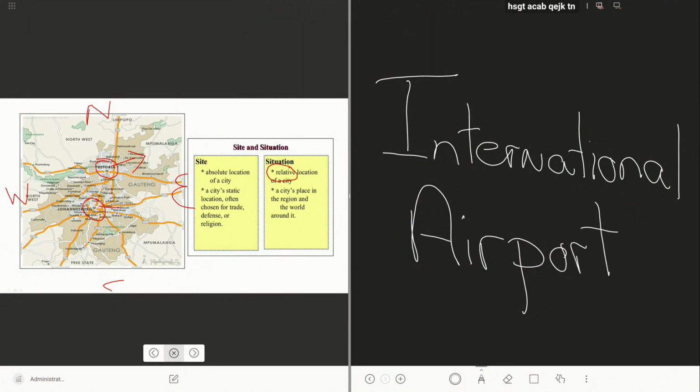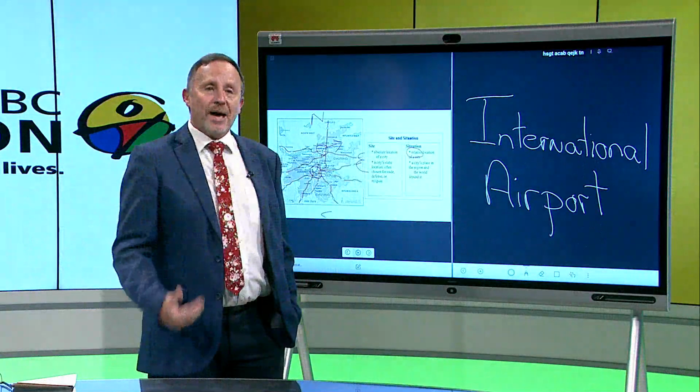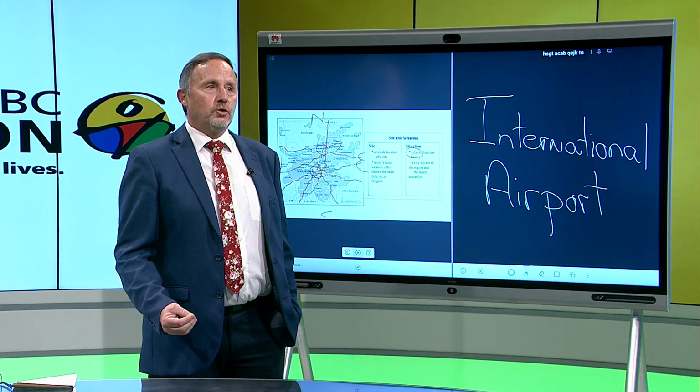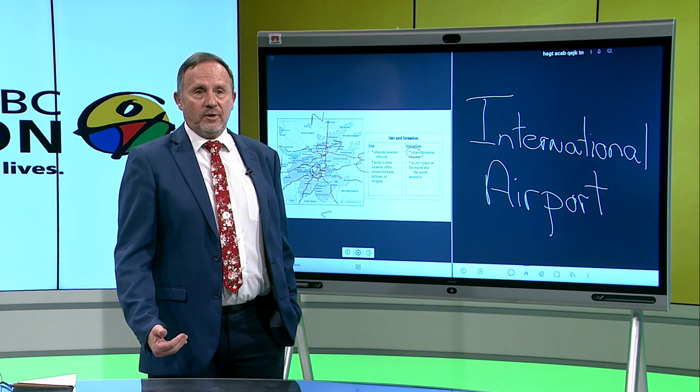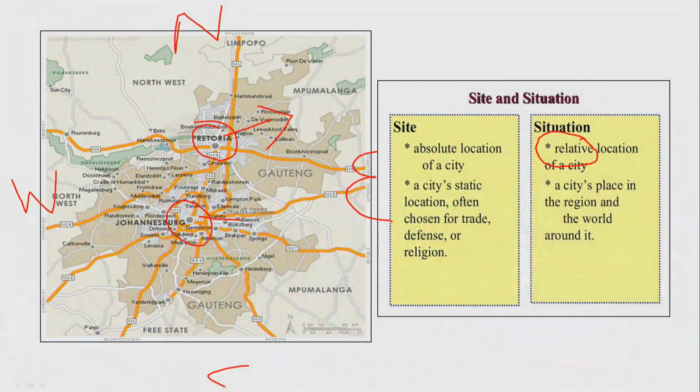Thousands. So its situation is excellent. Some places that do not have good transport links have a bad situation. Those located on the outskirts of an area do not have a good situation.